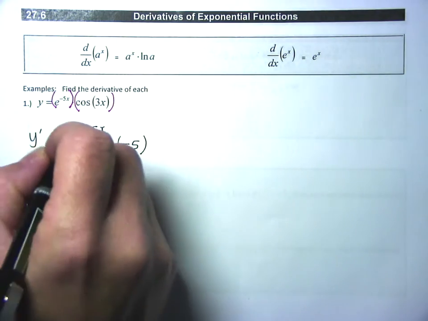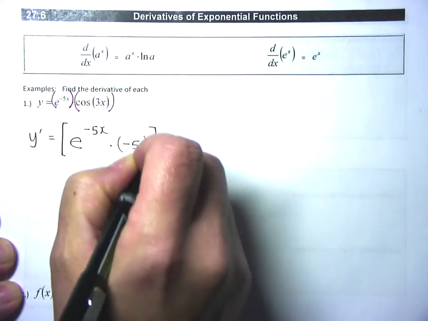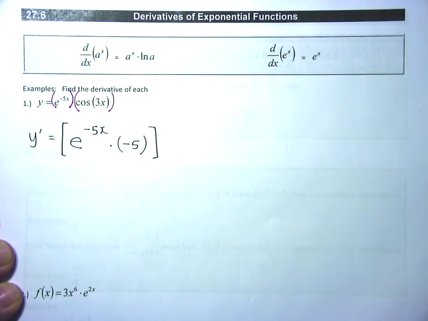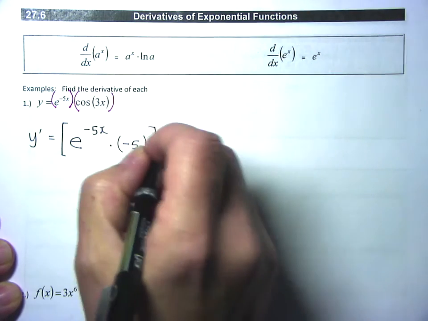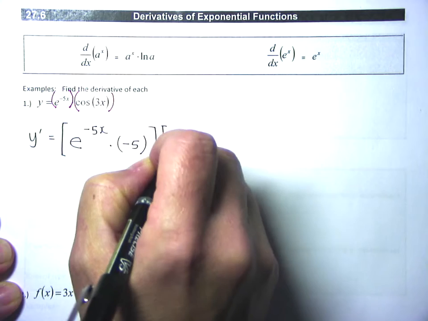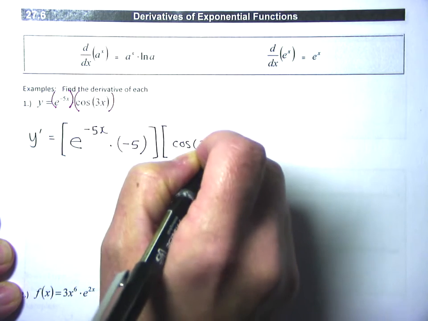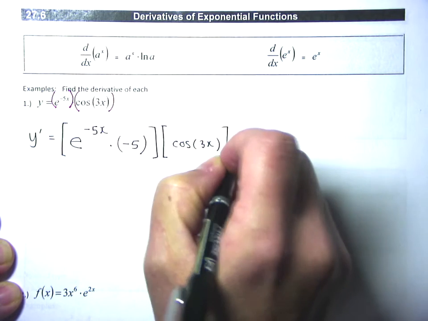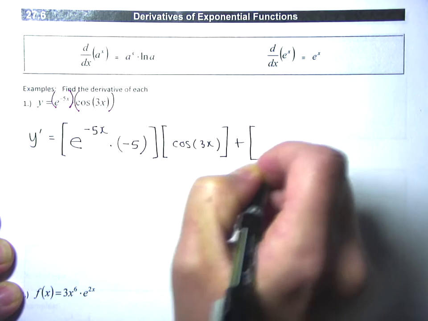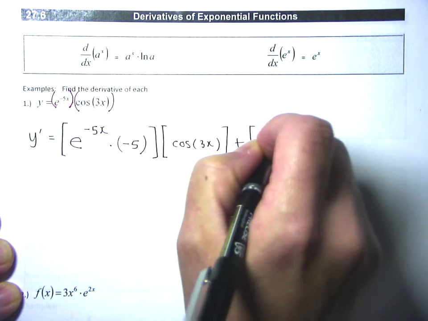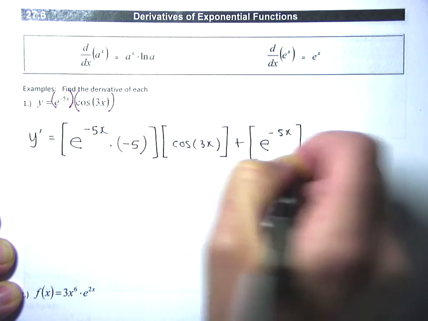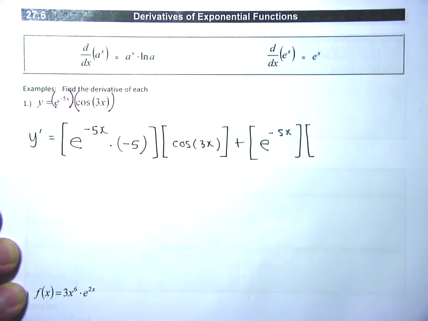So all of this stuff here together constitutes the derivative of the first times the second, plus the first. The first is just e to the negative 5x times derivative of the second.